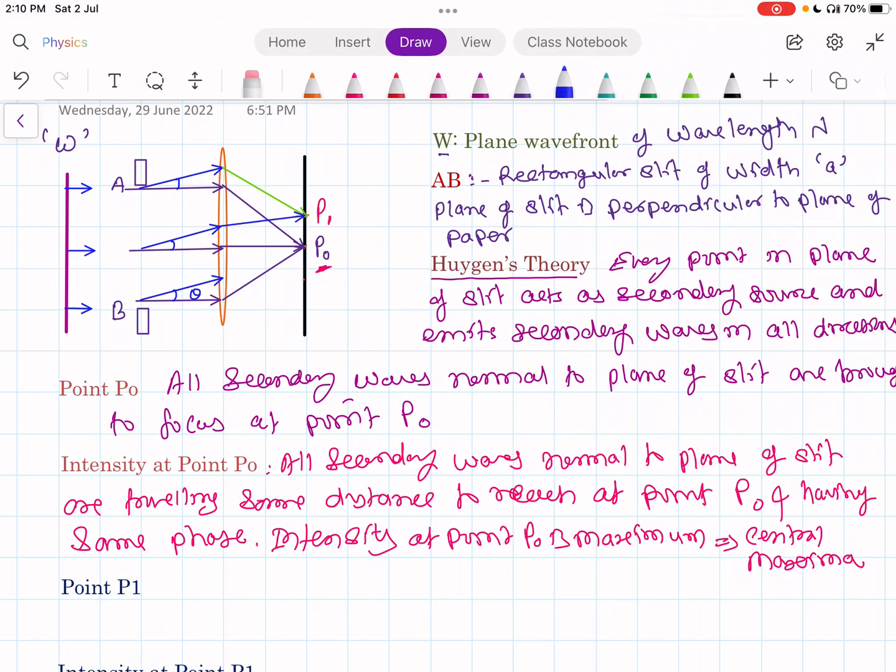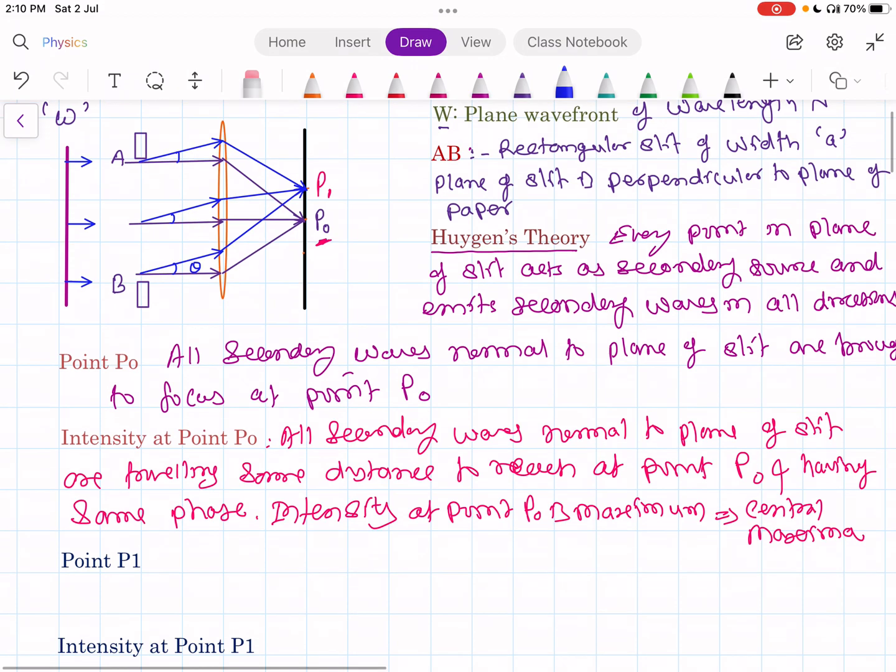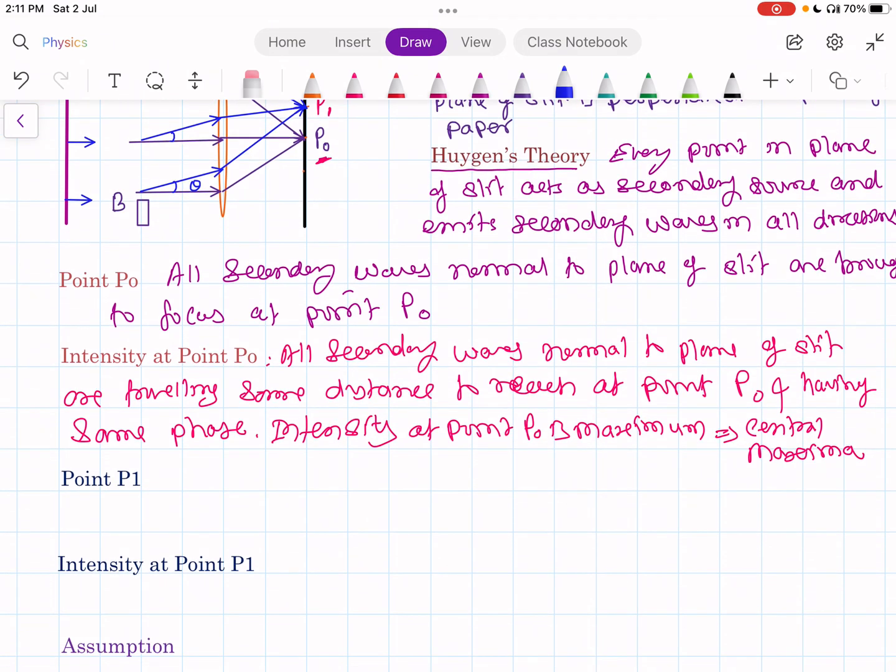So we are going to consider only 2 points on the screen, point P1 and point P0. So let us see what is the point P1.